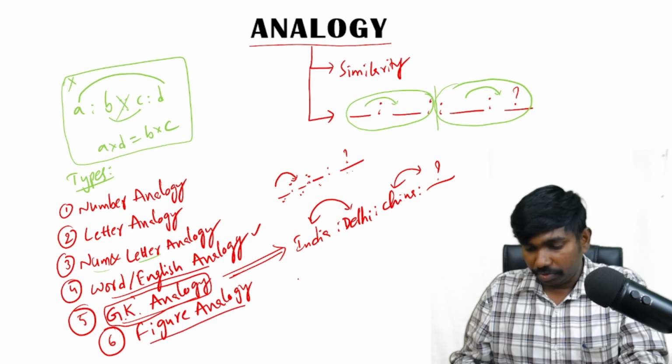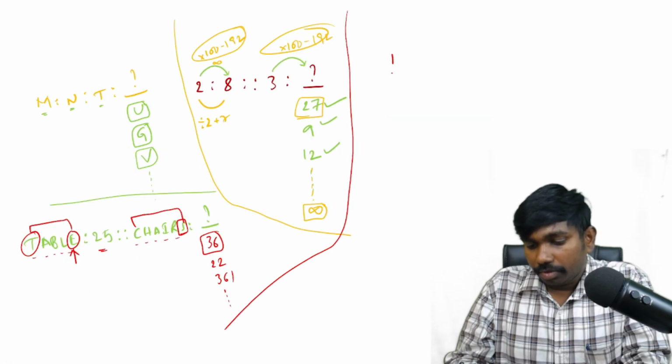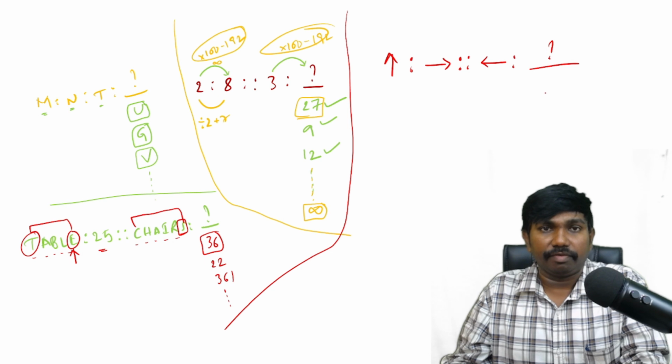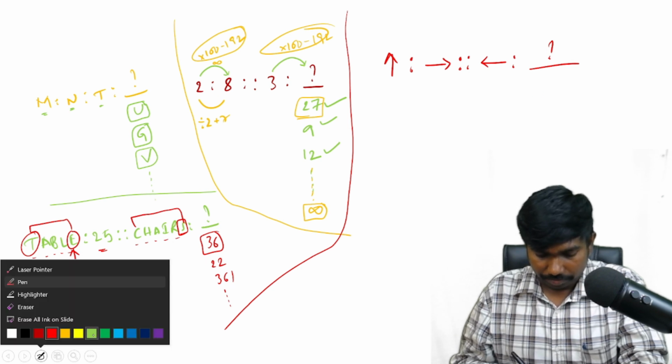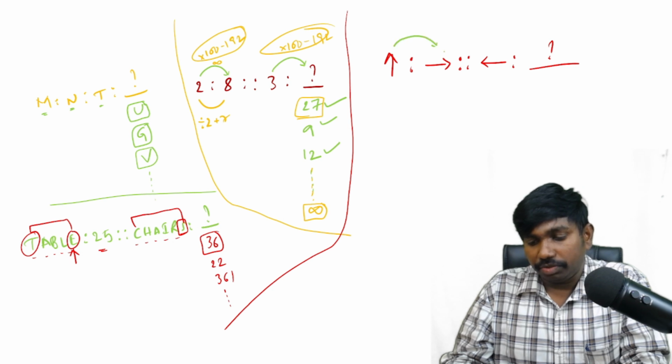Suppose if I give an example, let me give here. So what is the answer figure now? Figure analogy means a figure based analogy, right? So what is the relation from this figure to this figure?